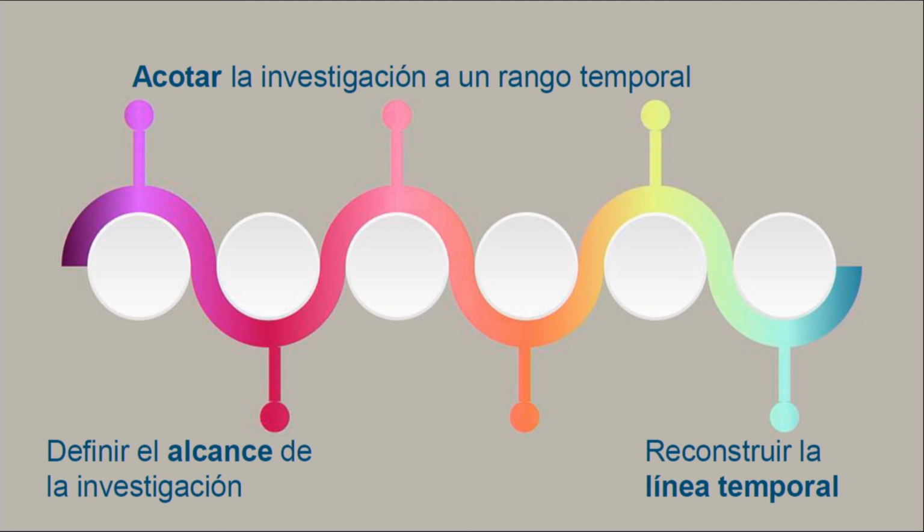There's a lot of information on a disk, and if we start looking for the answer to our questions without having a specific time frame in which to work, then it's almost impossible. We have to set out our time frame. What is the scope of the investigation? What are we trying to find out? Anything beyond the scope of those questions is something that we do not need to deal with.